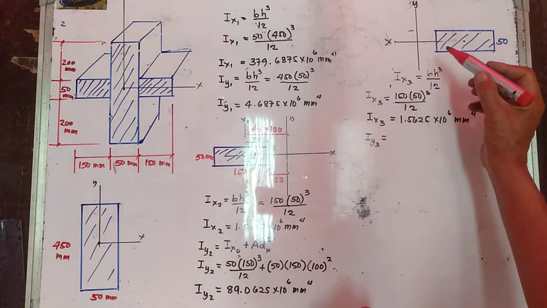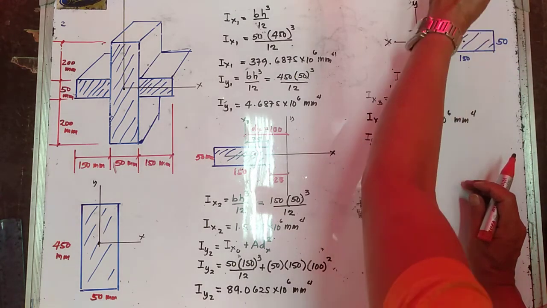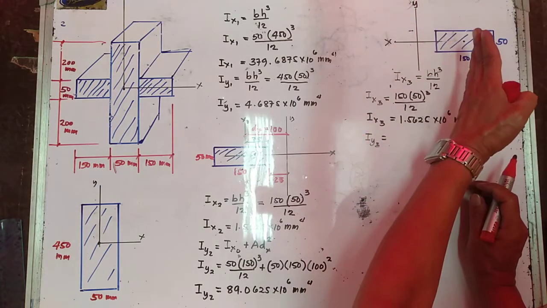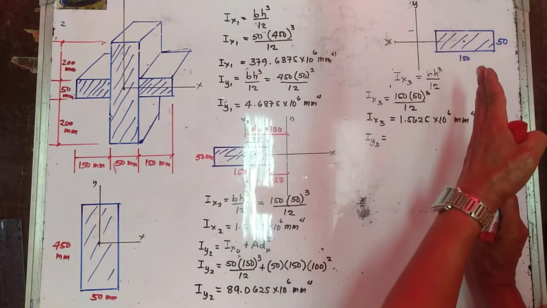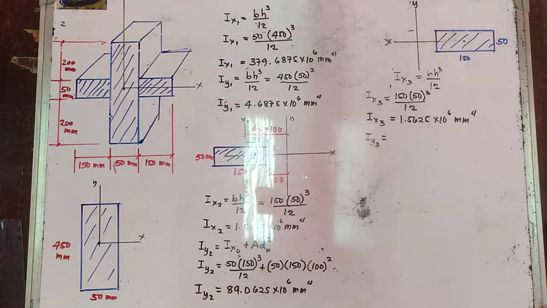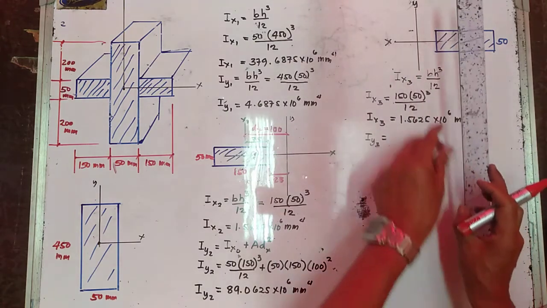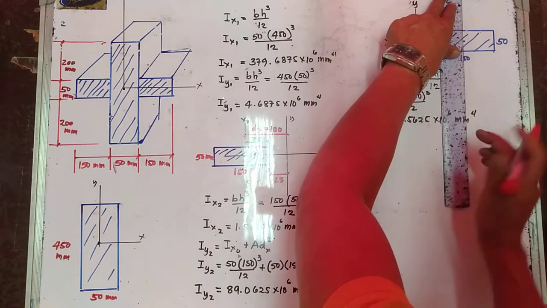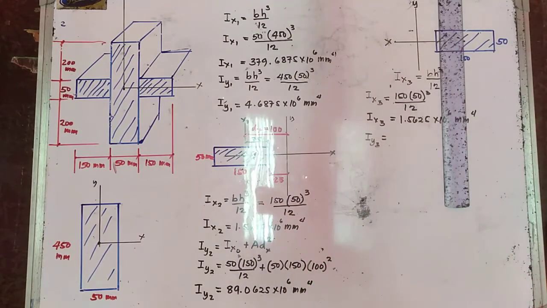Your y-axis doesn't coincide with the base, nor pass through the centroid of this body. So we'll make use again of the transfer formula for moment of inertia.